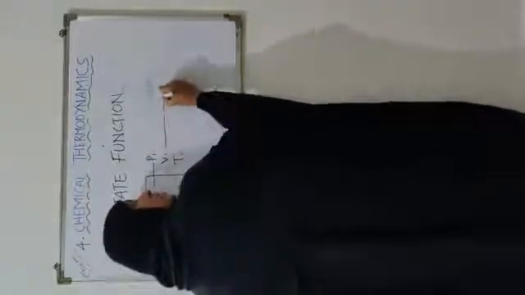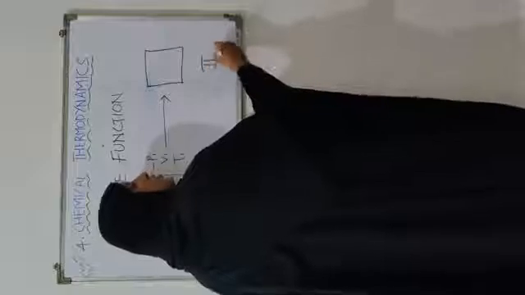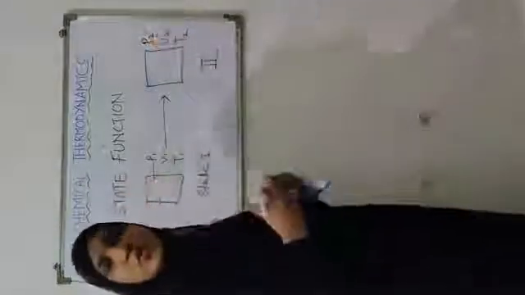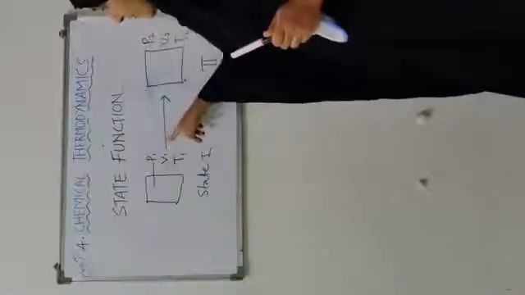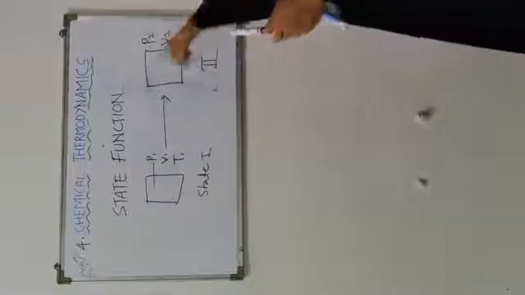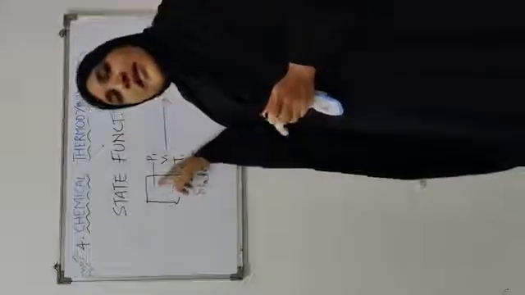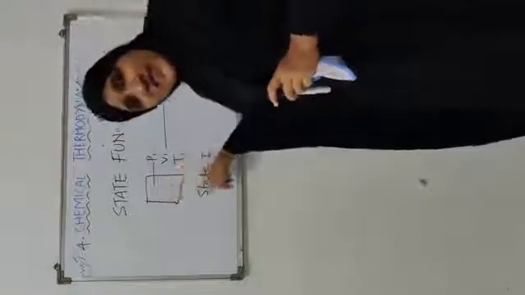Now suppose the system goes through some process and changes from state 1 to state 2. In this state 2, the pressure, volume and temperature have acquired new values P2, V2 and T2. Why am I saying P1, V1, T1 and P2, V2, T2 are state functions? Because they depend only on the current state of the system.